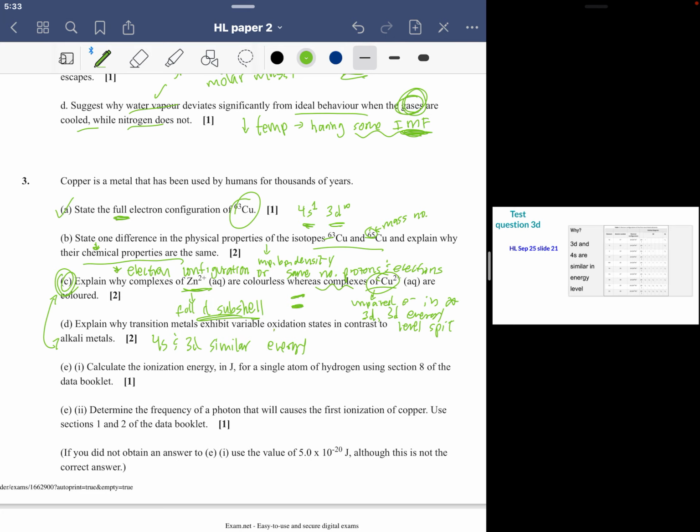Why do we get variable oxidation states? Well, because we can pull off outer electrons from either 4s or 3D since they're so similar in energy. So in C, you shouldn't really be mentioning anything about the 4s electrons. That's not super relevant. The color comes from the d orbital splitting. And then in question 3D, you should talk about 4s and 3D similar energy.